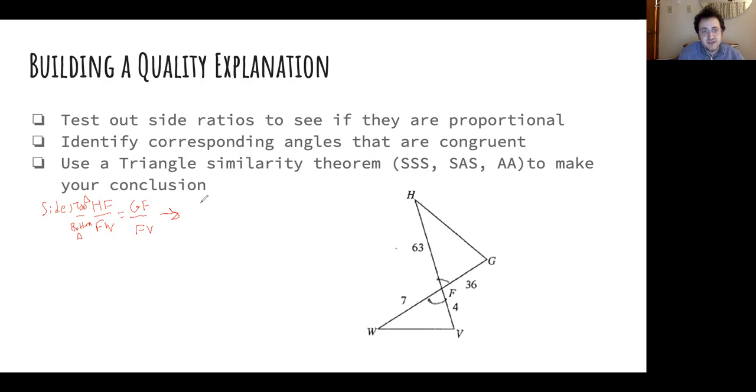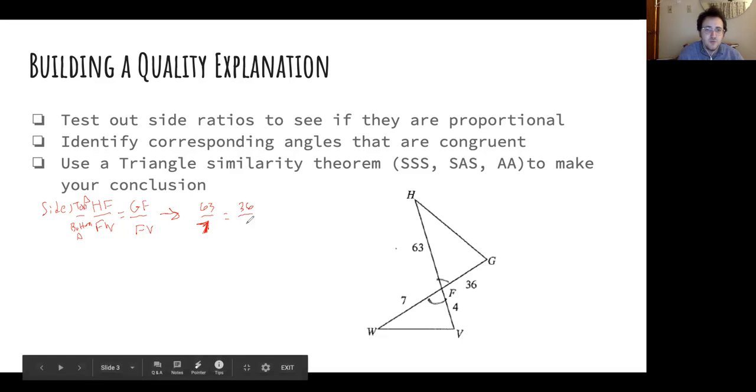So HF is 63 over 7, it's the FW. And then GF is 36 over FV, which is 4.